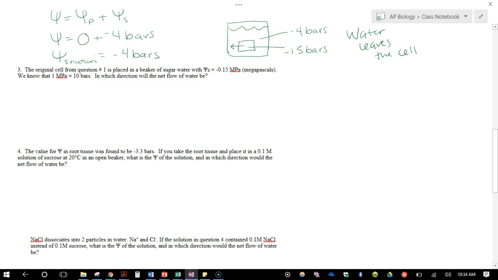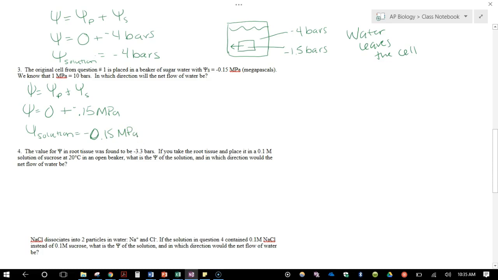If we know that our water potential equals our pressure potential plus our solute potential, our pressure potential equals 0, and our solute potential is negative 0.15 megapascals, then my water potential of the solution will equal negative 0.15 megapascals.